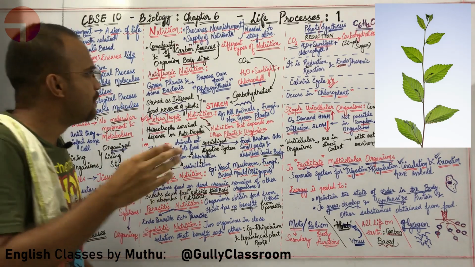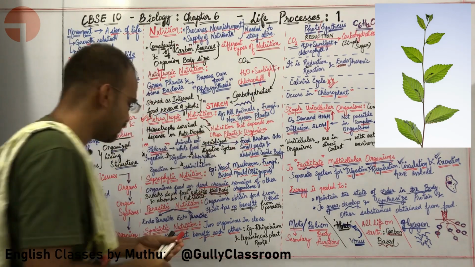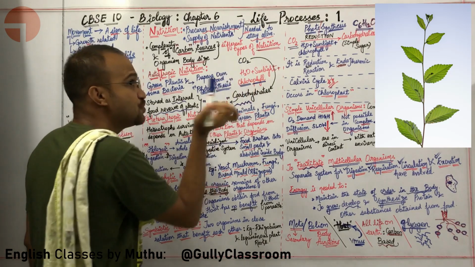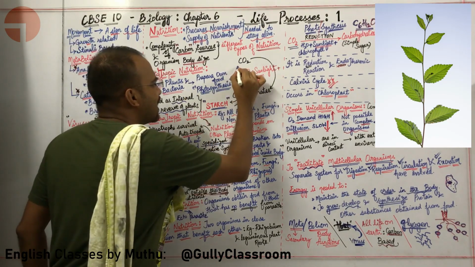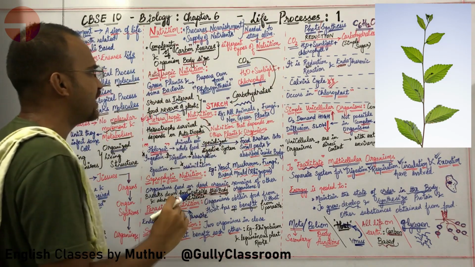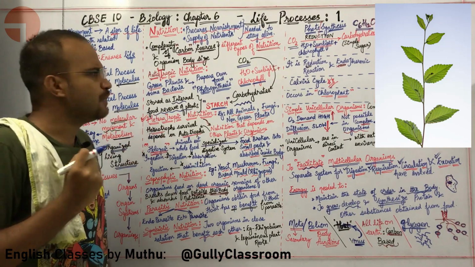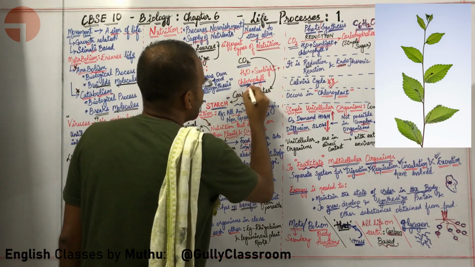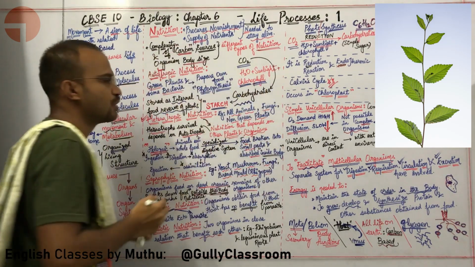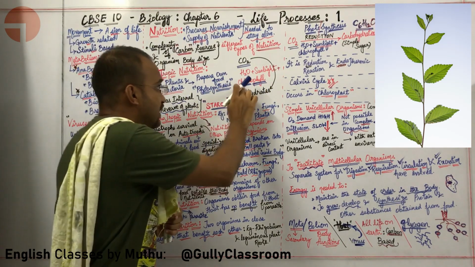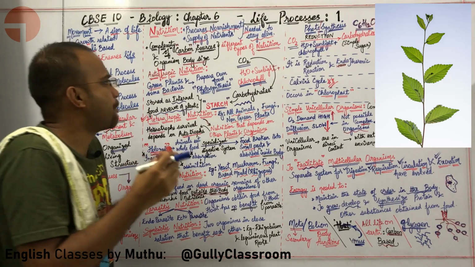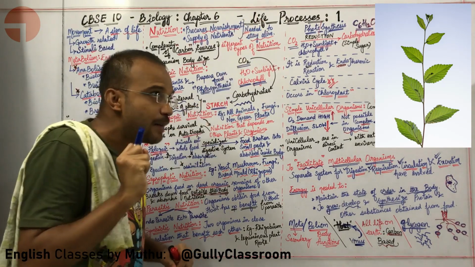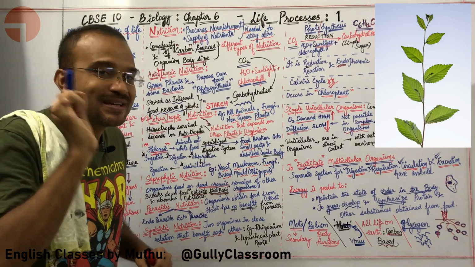How, sir? By taking carbon dioxide from the air. Green plants produce their own food by taking carbon dioxide from the air. Sir, who is going to absorb this carbon dioxide? Green plants. Okay. Now, chlorophyll. What is the function of chlorophyll, sir? Chlorophyll has the capacity to absorb energy from the sun.